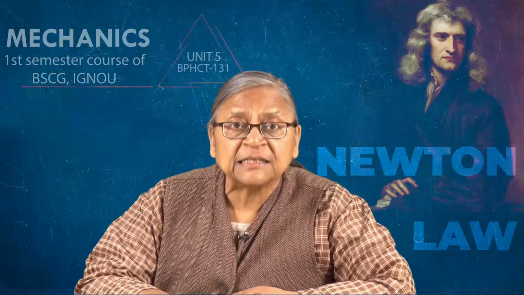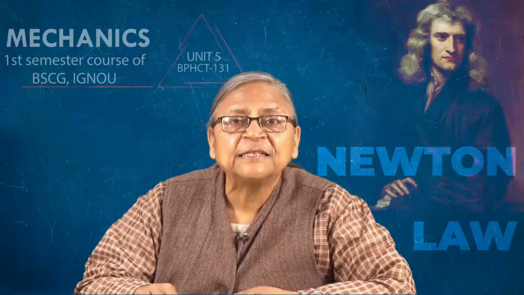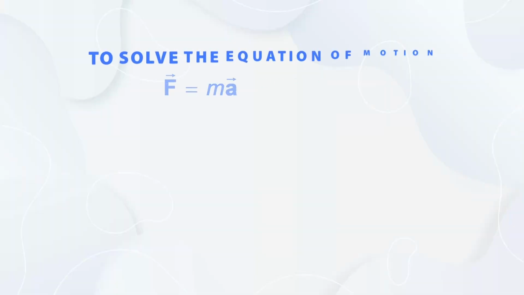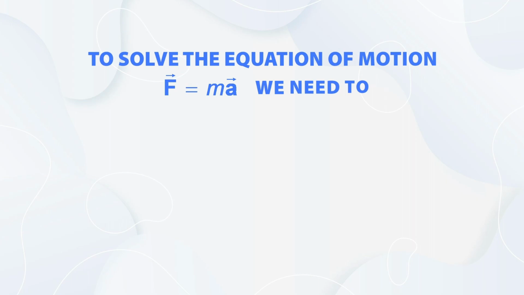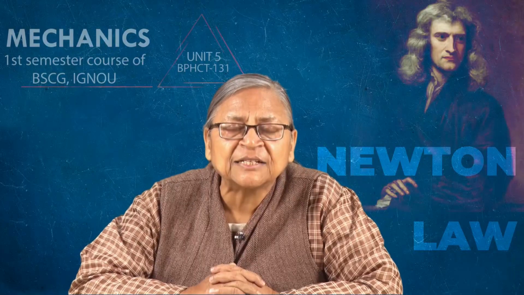So with this, we come to an end of this session. In the next session, I am going to explain to you how to solve the equation of motion F is equal to ma. Let me quickly deal with the basics of that.